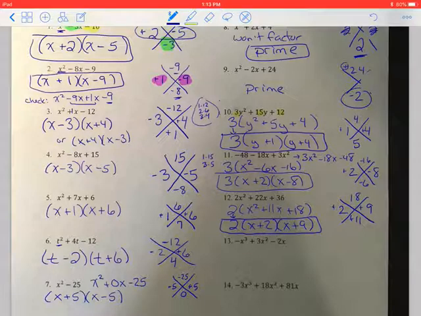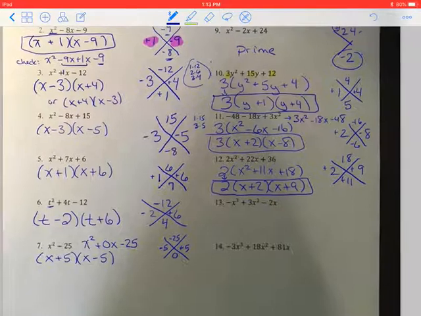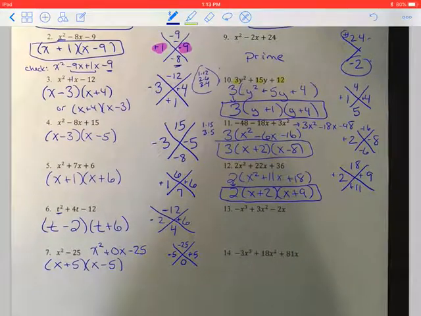Right now, the last 2 are the trickiest because they have a negative in front of them. So I don't particularly like this negative, and I also don't like the fact that my x is cubed. So since each term has an x in it, I'm going to factor out an x, but I'm also going to factor out the negative.